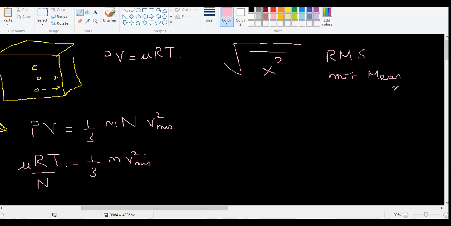There are some situations where taking a direct average will not work properly. For example, velocities, right? You have velocities in different directions. So if I take the average, sometimes this velocity and this velocity will cancel each other, and we don't want that to happen. So for that reason, we take the numerical value and square it, and then take the average.